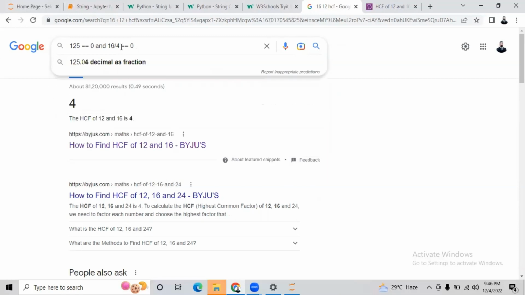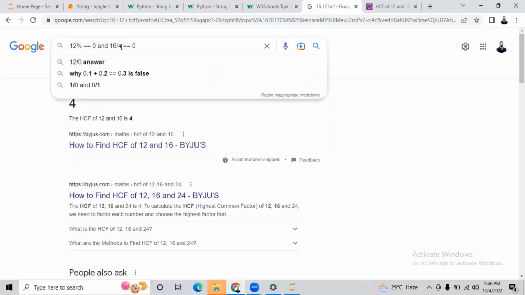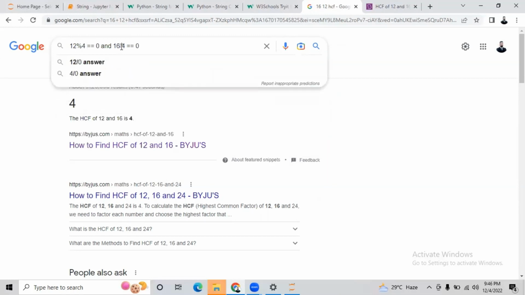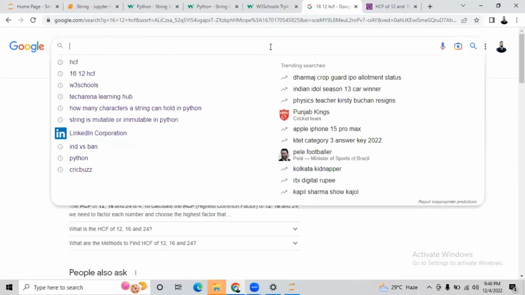To check the remainder, we use modulus. So we have to figure out a number which, when divided by both numbers, gives the remainder 0. We have to find the maximum possible number, the highest number.